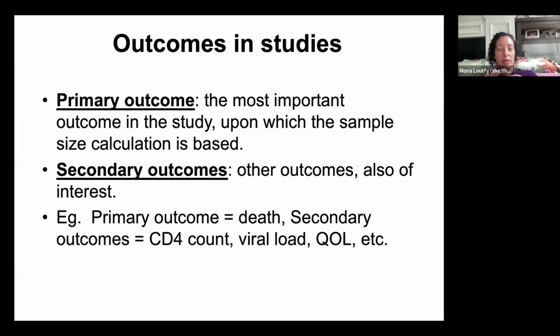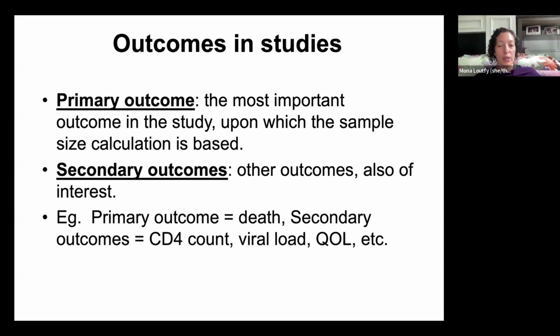We identify one primary outcome because if we're submitting a proposal for a grant, we have to choose a sample size, like 300 participants, and we have to do what's called a sample size calculation. And that is based on the primary outcome. So you can't do a sample size calculation on two or three outcomes. You can only do it with one outcome. Do you see that?